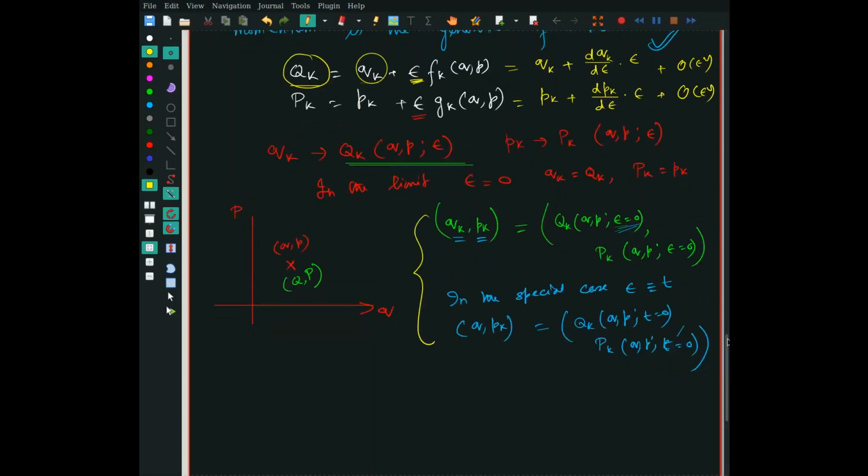So comparing those two things, if I treat epsilon as a parameter and I treat my canonical transformation to be an active evolution with parameter epsilon, and in a special case epsilon may become my time, then what I have is that this fk qp is basically equal to dqk d epsilon.